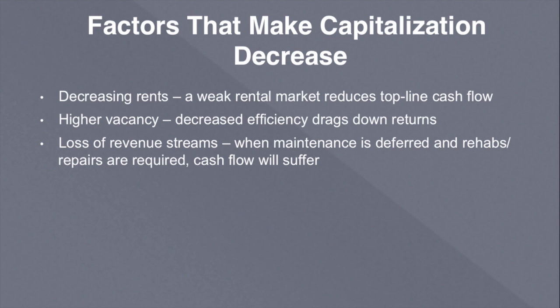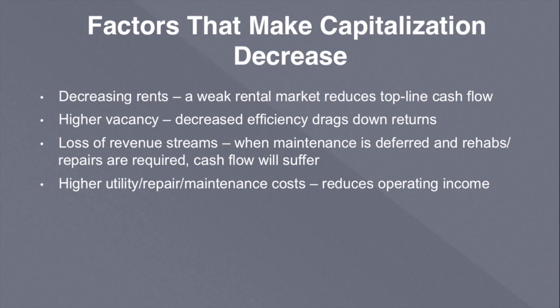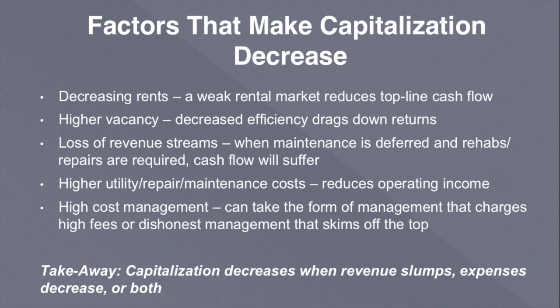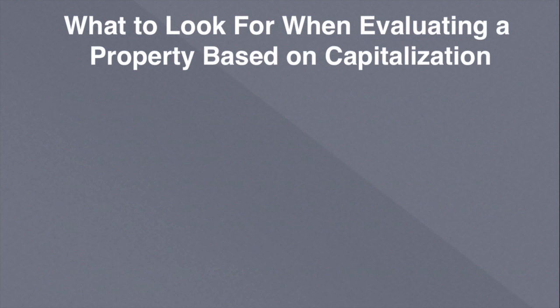But if you have maintenance, that's an ongoing expense, and your cap rate and cash flow will suffer. And what if you have higher utility bills that you're not passing through to your tenants? That's going to hurt your cap rate. If your management cost is higher, same problem there. So you know where I'm going with this. The takeaway is high expenses or loss of revenue is obviously bad.